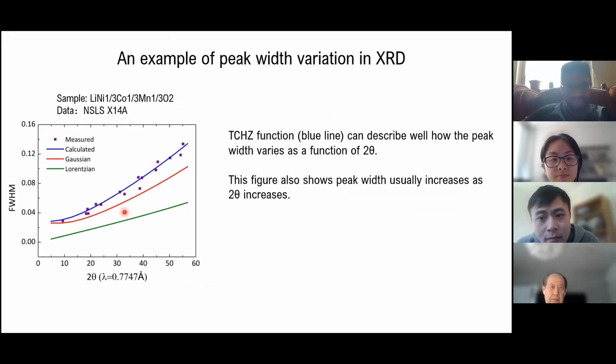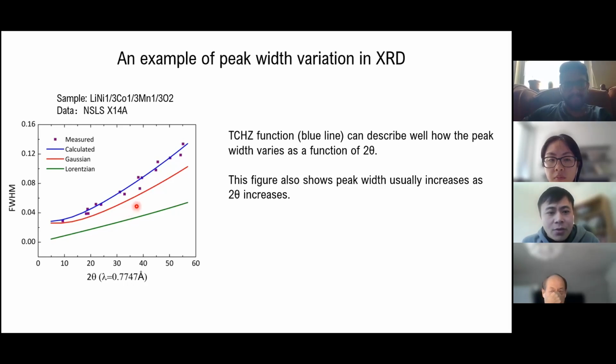So I'm trying to understand how the combination of these two can give you a wider peak than either of the functions, because when we saw that plot showing the function, the Lorentzian was the one that has the highest width. So I was wondering, maybe a combination of both of these functions should lower the peak width rather than raising it.